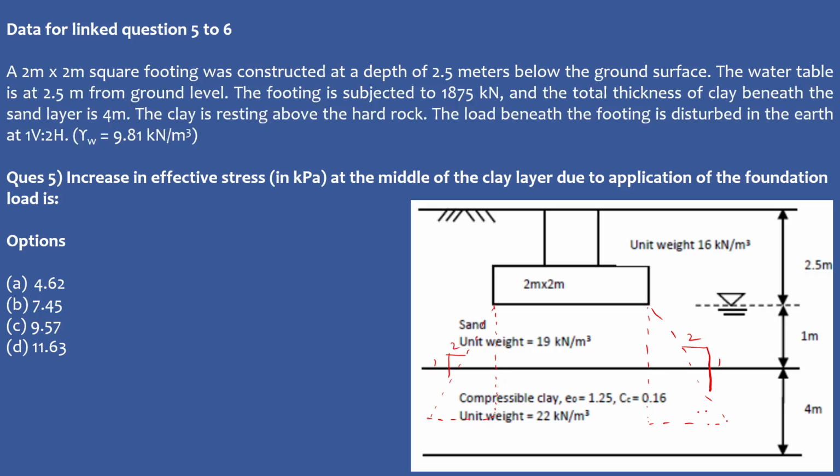So the total depth till here is 3 meters, so this will be your 6 meter thickness. This is how your load distribution basically takes place. Since they are asking us to calculate the increase in effective stress at the middle of the clay layer, the middle of the clay layer is none other than here, at 3 meters. So that's how it's coming.